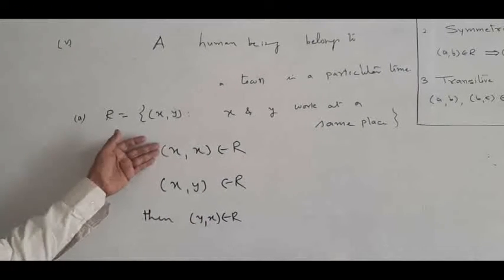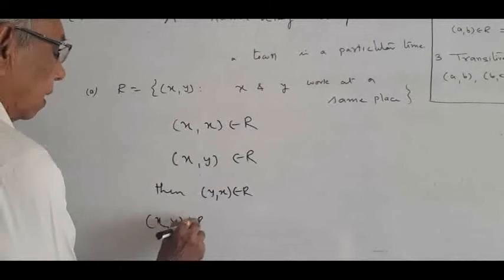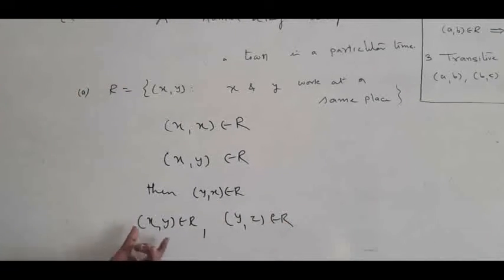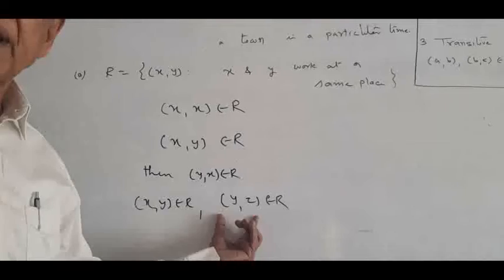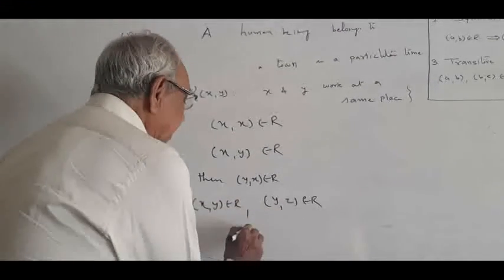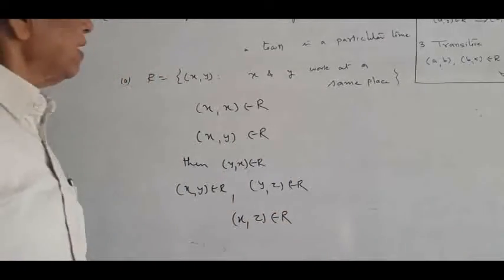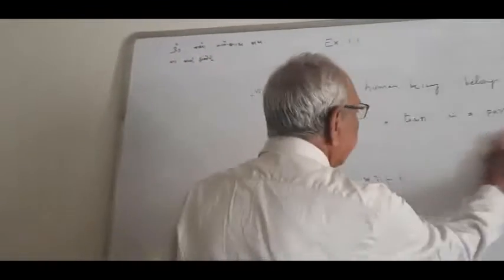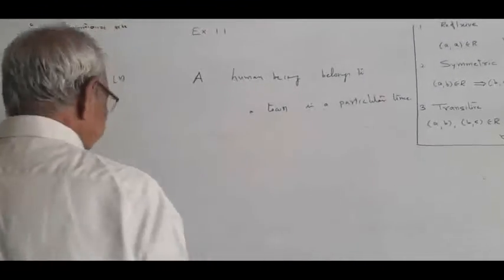Here the relation is reflexive. When (x, y) belongs to R and (y, z) belongs to R, that means x and y work at the same place, y and z work at the same place, therefore naturally x and z work at the same place, means (x, z) belongs to R. Means the relation is transitive. Means this relation is an equivalence relation because it is symmetric, reflexive and transitive.